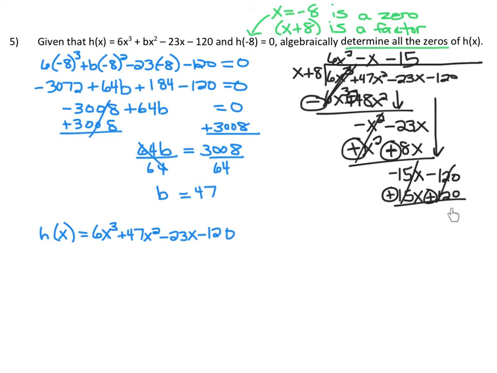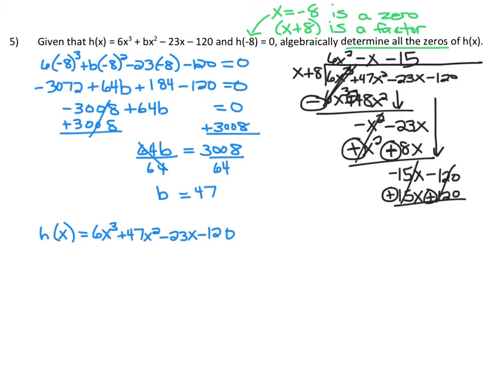Since there's no remainder, x plus 8 divides evenly into this expression. So if we were to factor this expression, x plus 8 would be one of our factors, and this trinomial, 6x squared minus x minus 15, would be another factor.